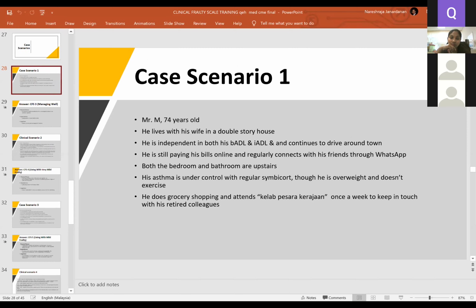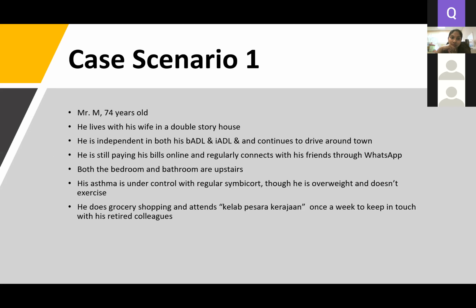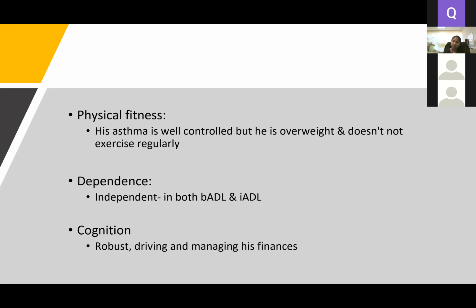His asthma is under control with regular Symbicort. And he does grocery shopping and attends Club Pesara Kerajaan once a week to keep in touch with his retired colleagues. So maybe you can just think about it for a few seconds and see whether you get a similar answer.